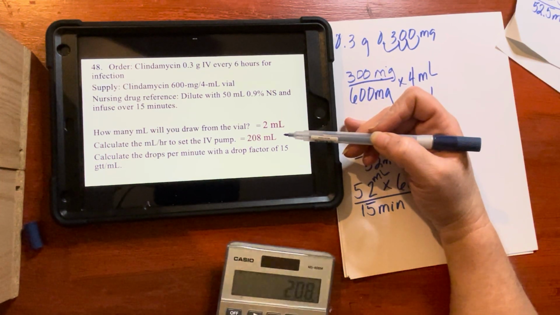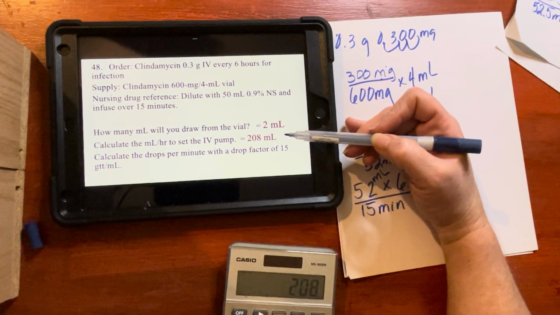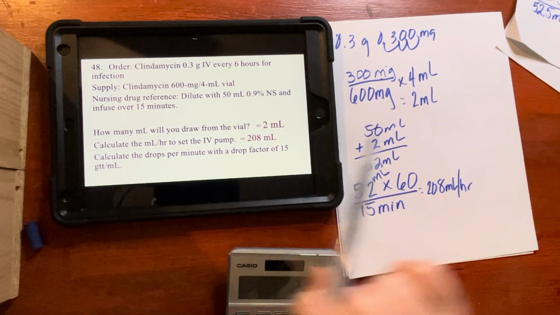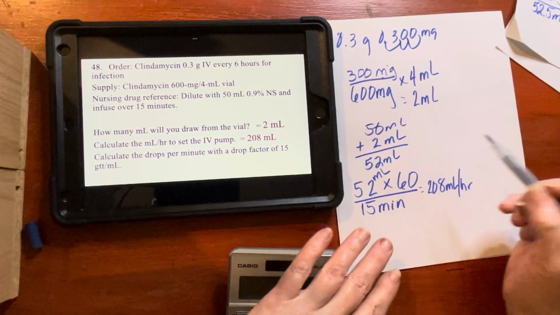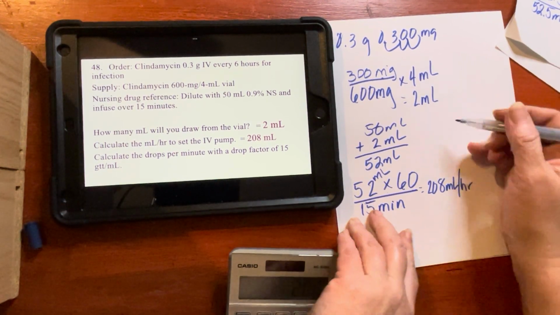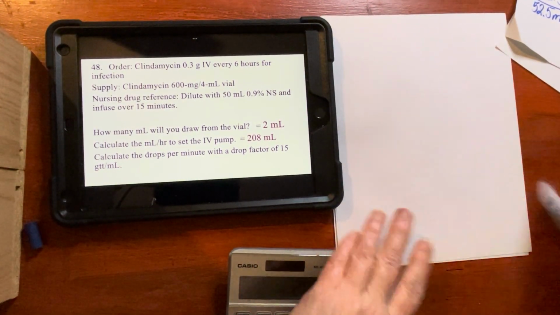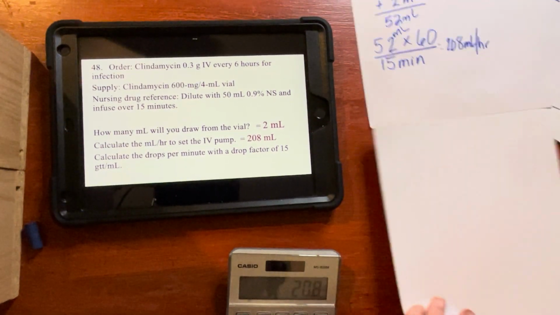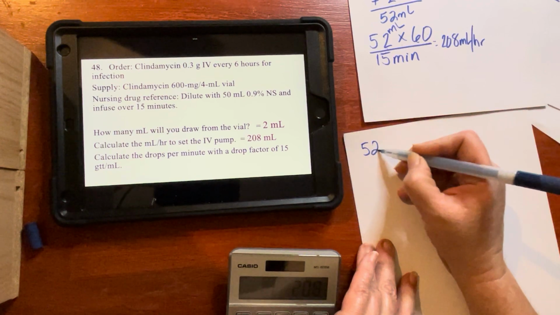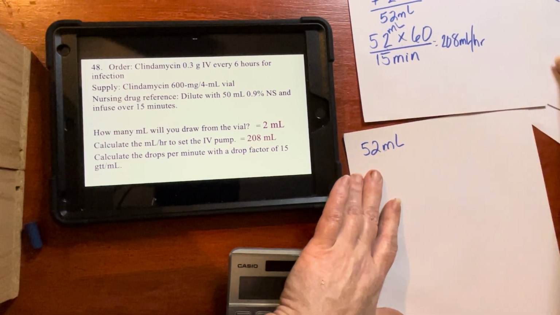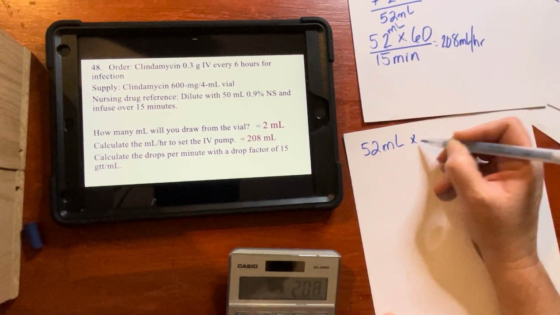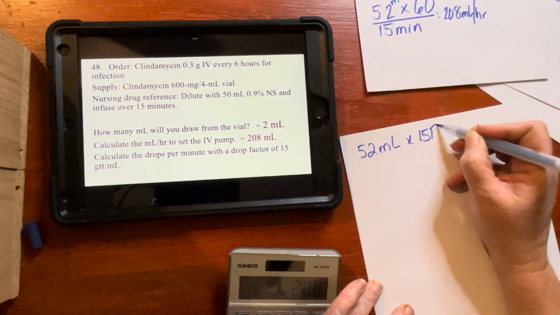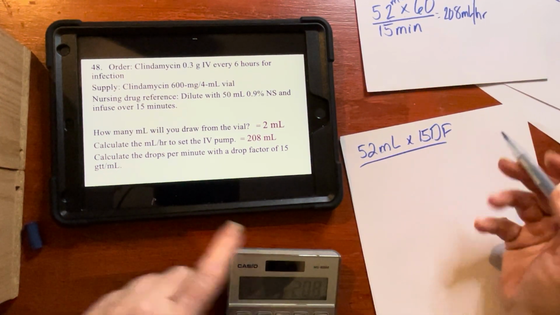Look. Boom. You know. And then, look, she wants you to do the same thing with the drops per minute. So I'm going to just do it right over here. So drops per minute, remember our total volume was 52 milliliters times the drop factor, which they want at 15 drop factor. I put that so Ethel knows.